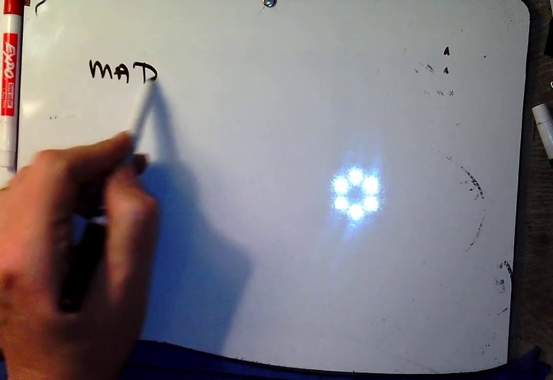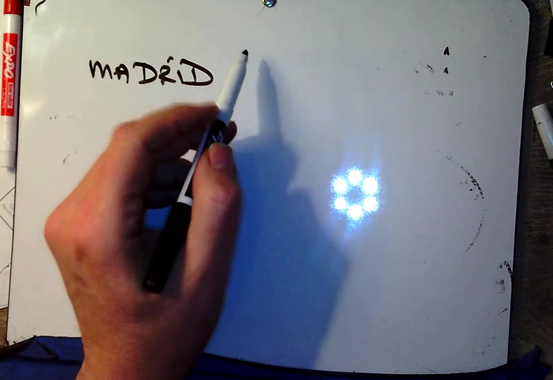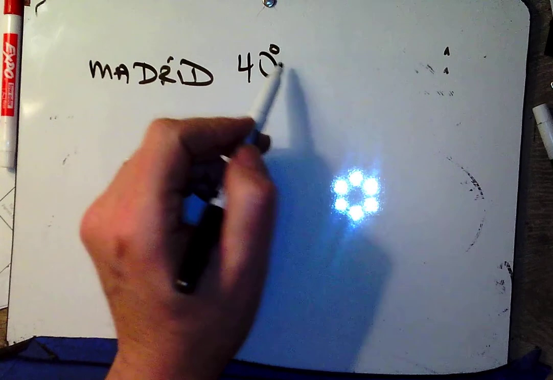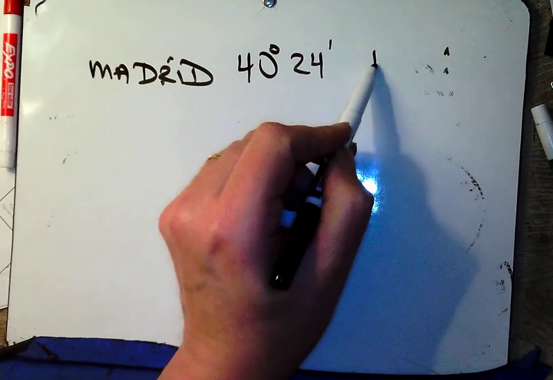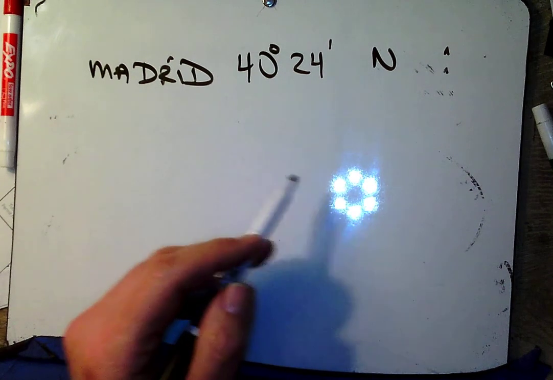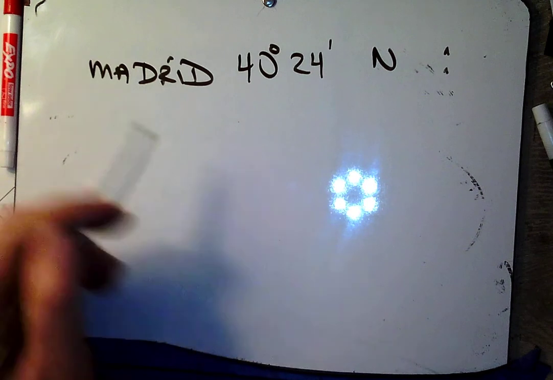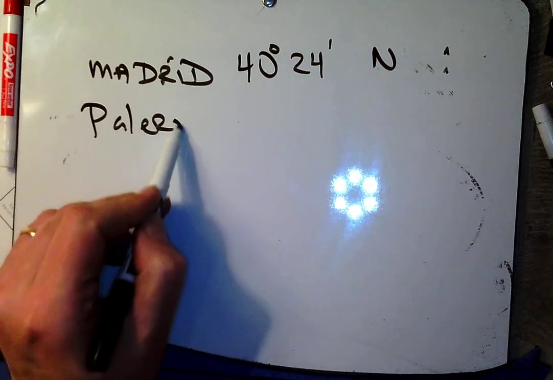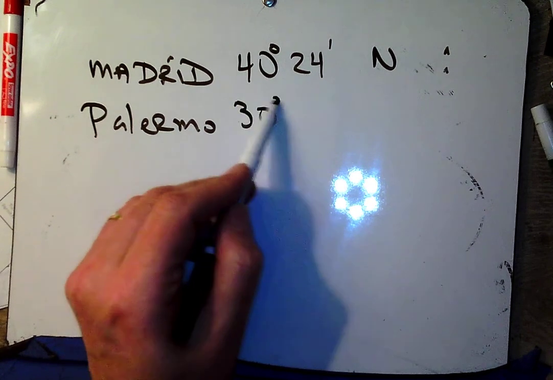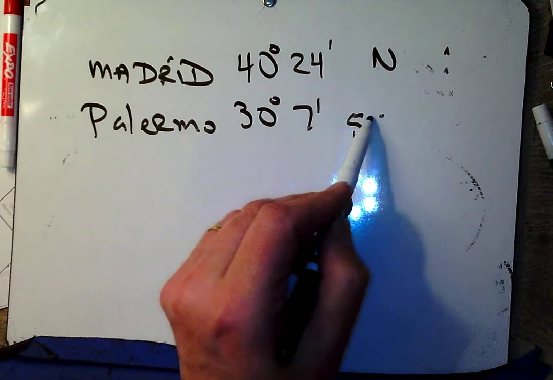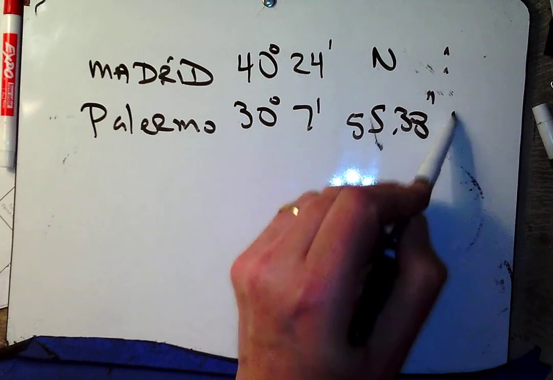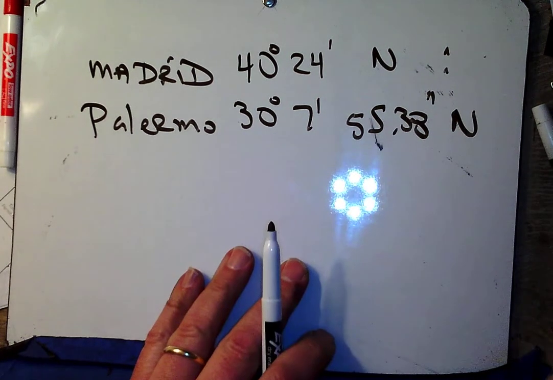Madrid is located at 40 degrees, 24 minutes north latitude. And Palermo is located at 30 degrees, 7 minutes, 55.38 seconds north latitude.